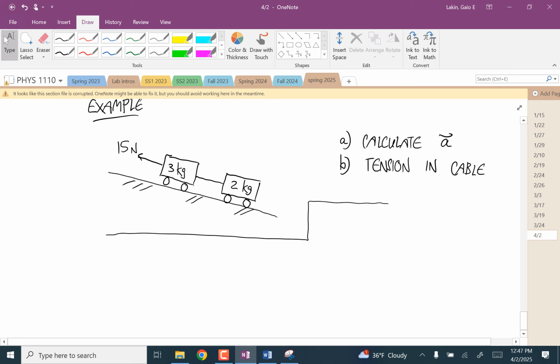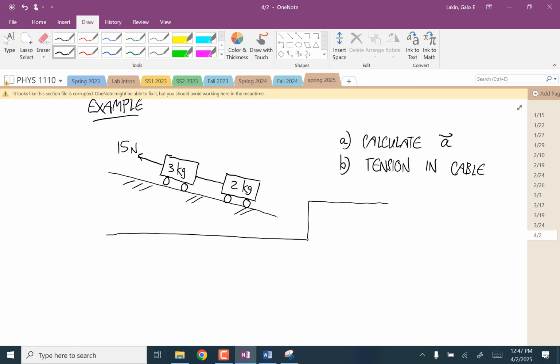Okay, so this is combining both of the two specific cases that we've done so far. These two things are connected, and they move as a single object. They have the same acceleration. So do you remember the approach for things that move with a single acceleration? You join the mass.